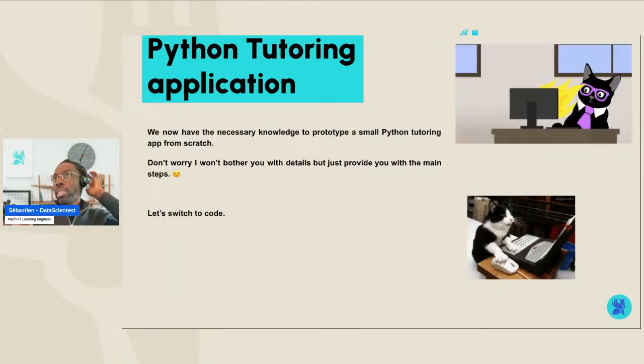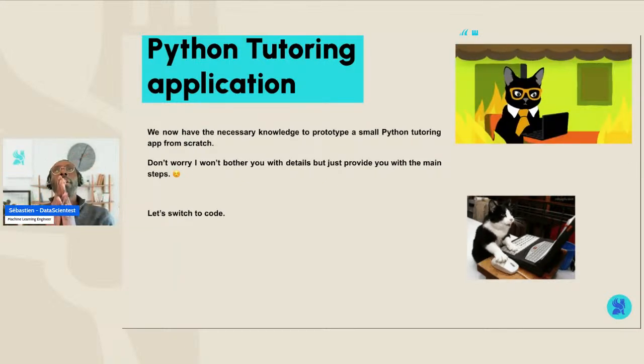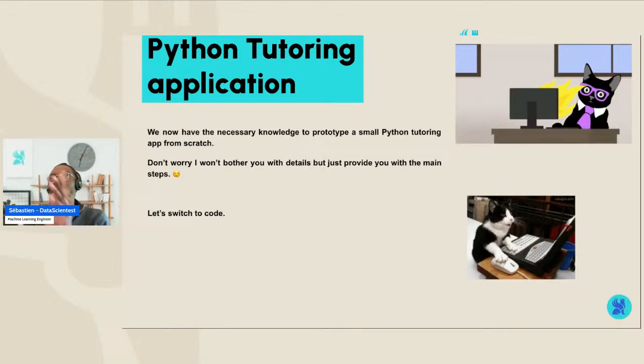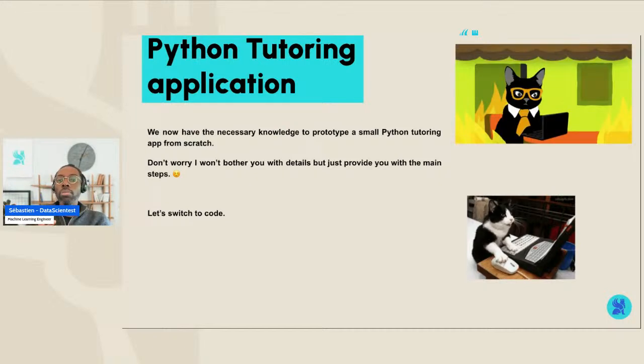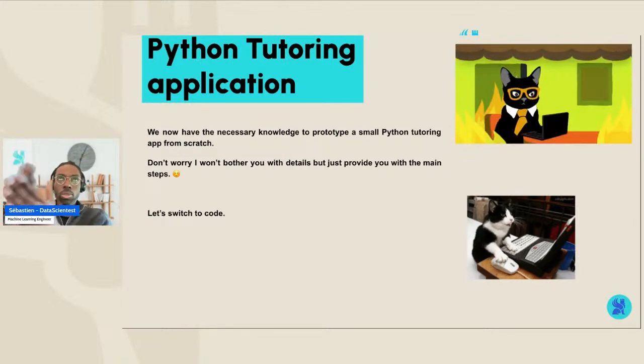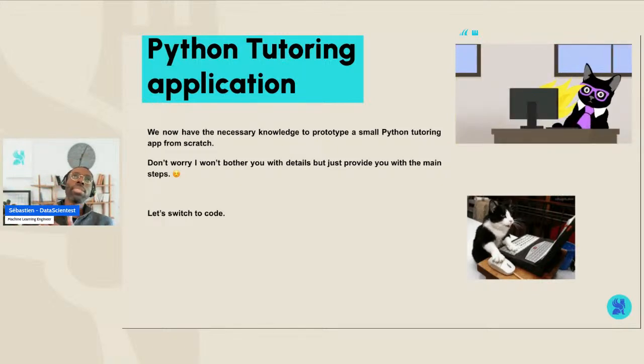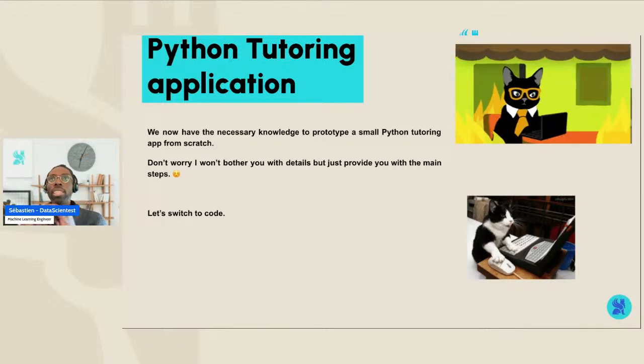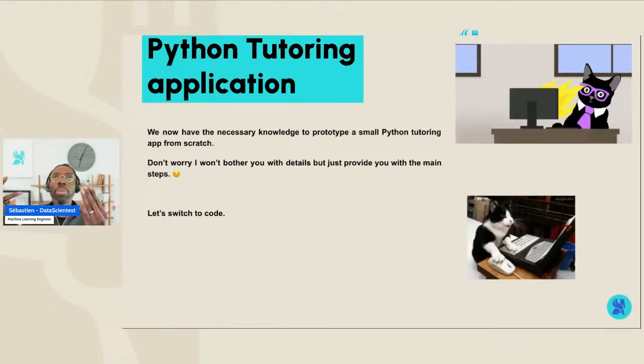I created a very simple thing. The idea is to create a Python tutoring application. You have a simplified front end where you can just ask a very simple Python question. And behind the scenes, the idea is to have an agent that will first understand what the question is and decide to maybe directly answer the question.